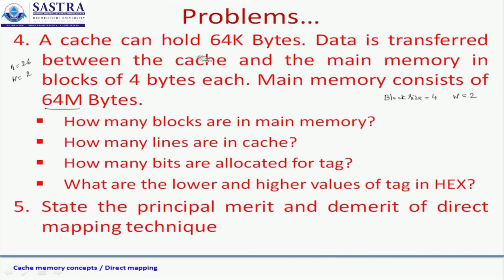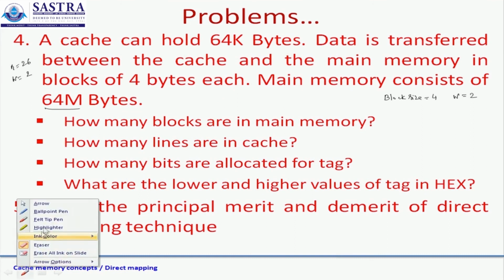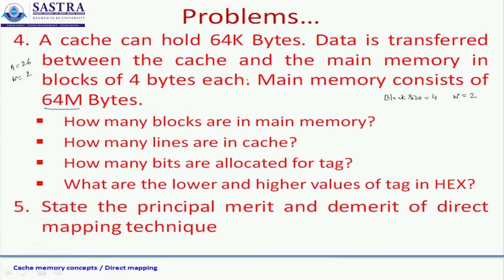What else do we know? A cache can hold 64K bytes. This is going to be arranged in these many lines. Number of lines C equal to 64K divided by 4. In a single line, 4 memory locations are available.